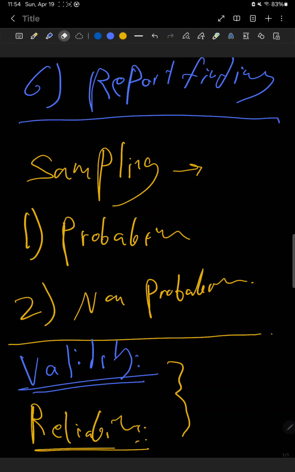So now I want to move to something else, which is hypothesis testing.